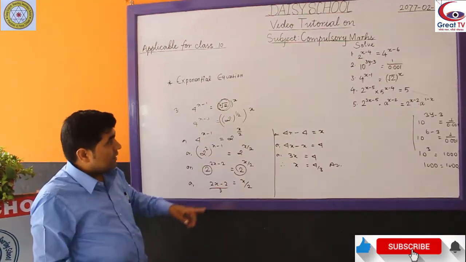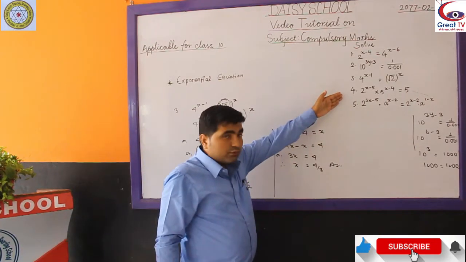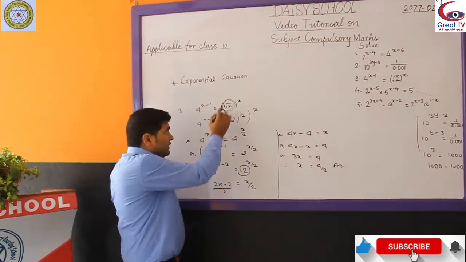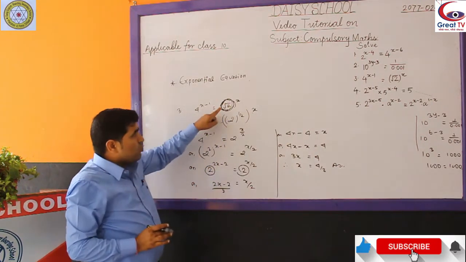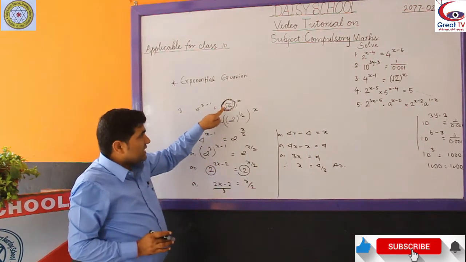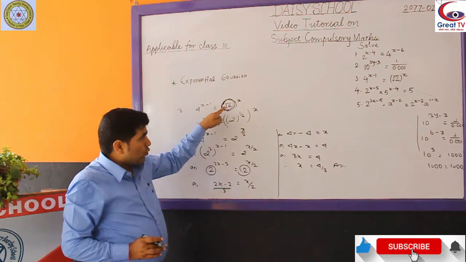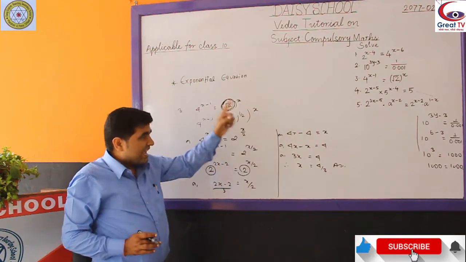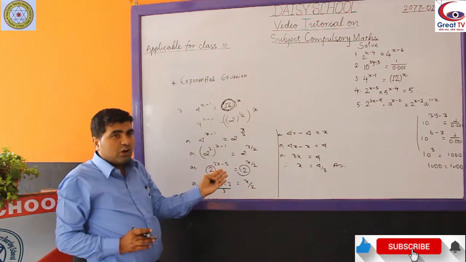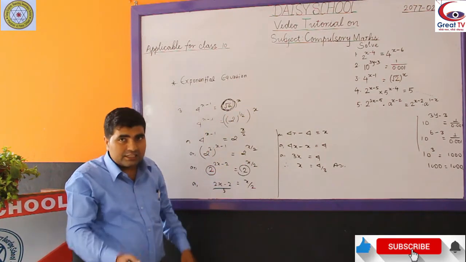Okay students. Similarly, here, confident about this one. Root under 2 means square root of 2. Nothing written here, that means 2. When this order is changed into an exponent, the exponent is the reciprocal of the order, and vice versa.